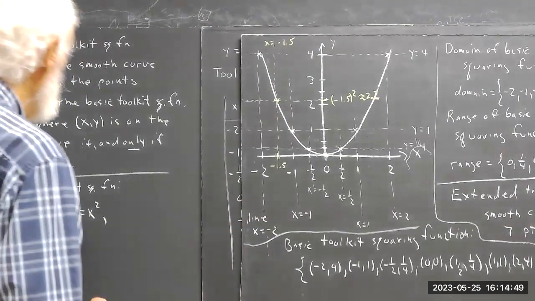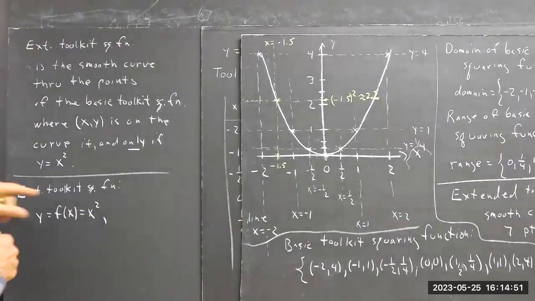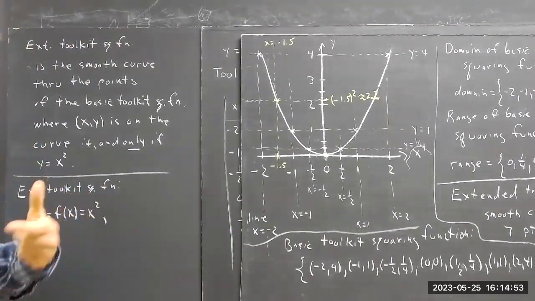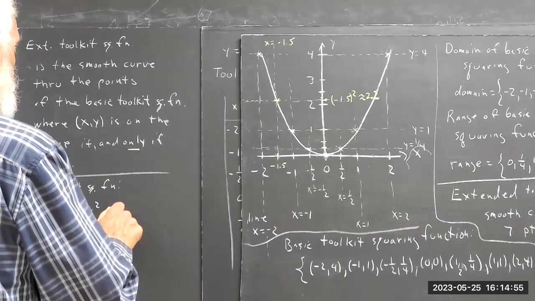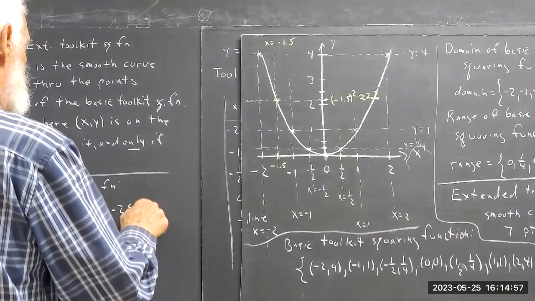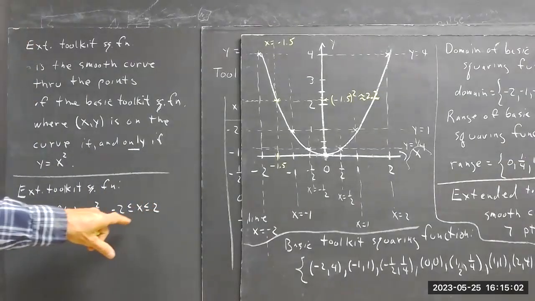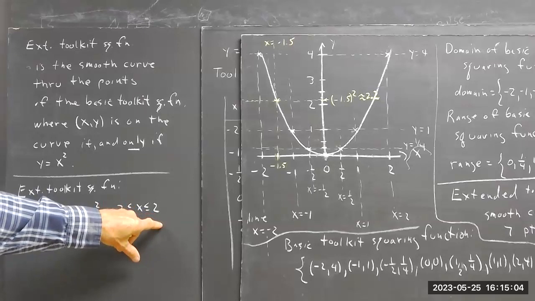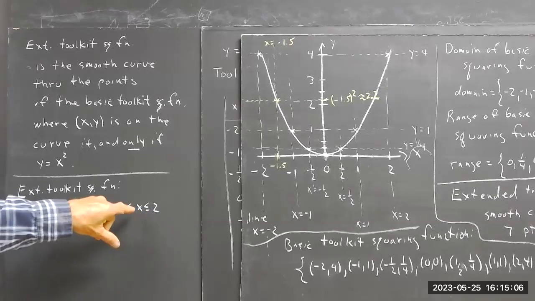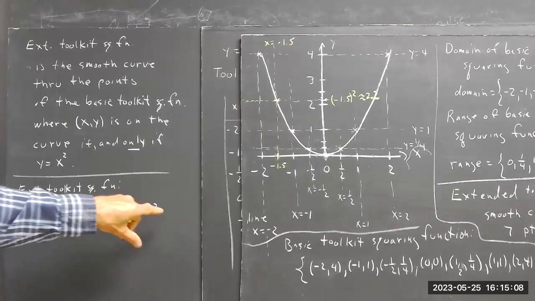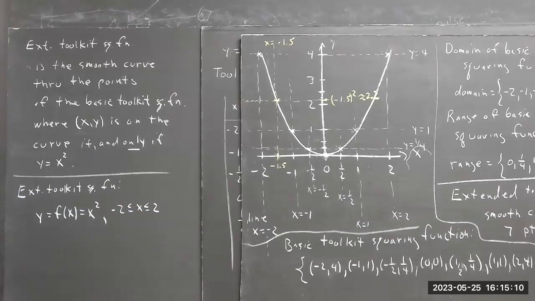The extended toolkit squaring function is defined for x values from -2 to 2, that is, -2 is less than or equal to x, and x is less than or equal to 2.